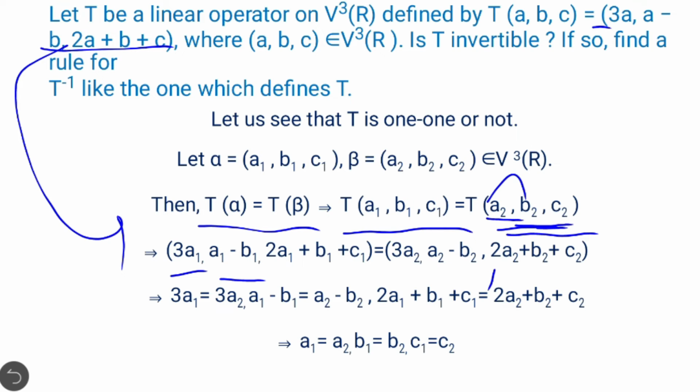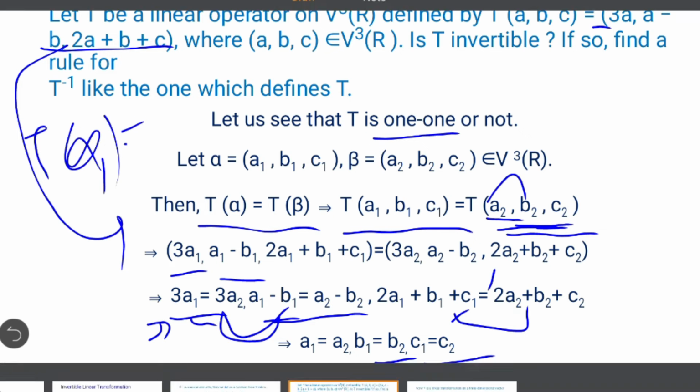Now equating the terms, we have 3a1 equals 3a2, which gives a1 equals a2. Next, a1 minus b1 equals a2 minus b2, which gives b1 equals b2. From these conditions we have c1 equals c2. That simply means the function is 1-1.